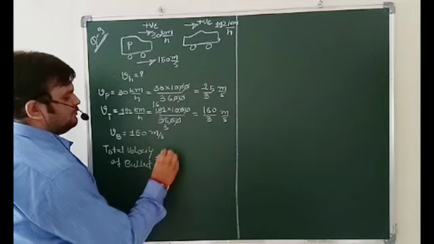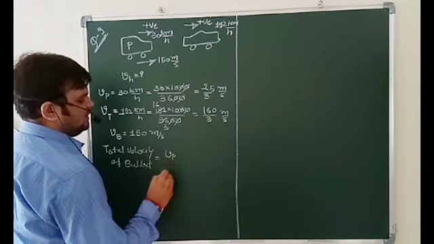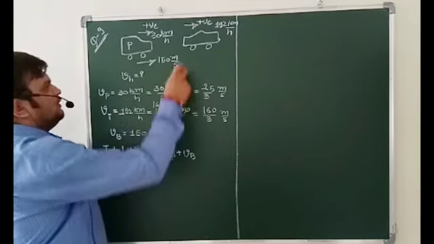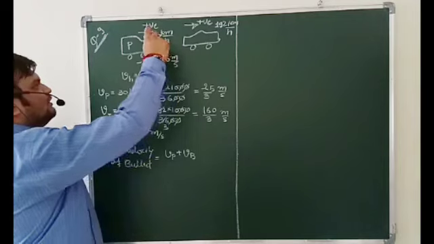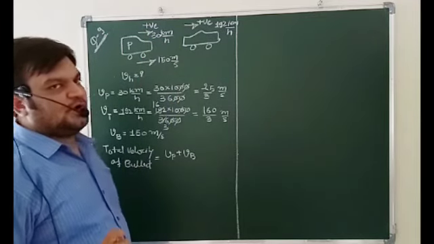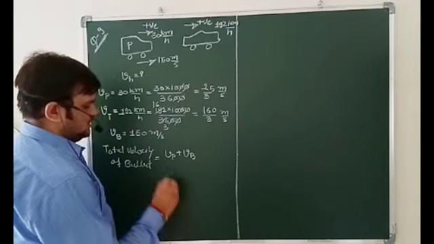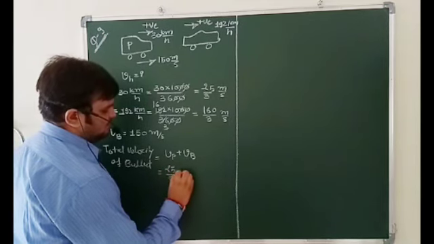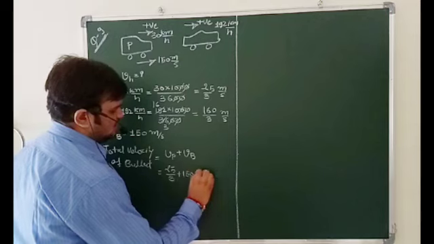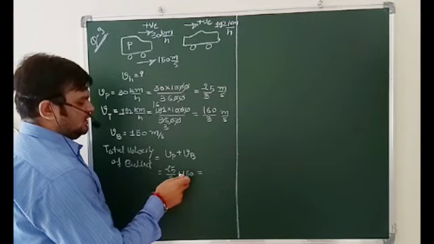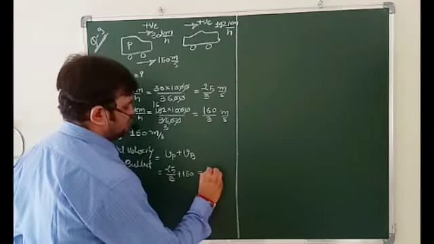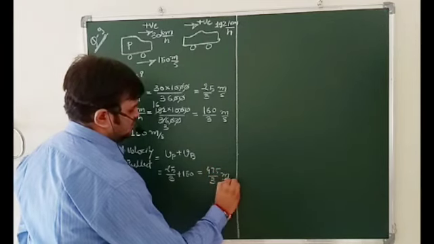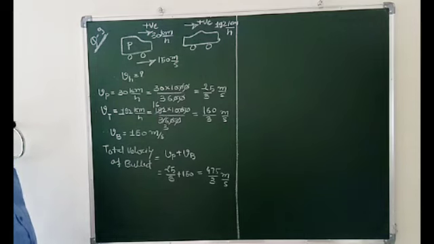Now the total velocity of the bullet will become velocity of police van plus velocity of bullet, since the velocity of the bullet already consists of the velocity of the police van. So it will become 25 by 3 plus 150. So 3 into 150 is 450 plus 25, 475 divided by 3 meter per second.